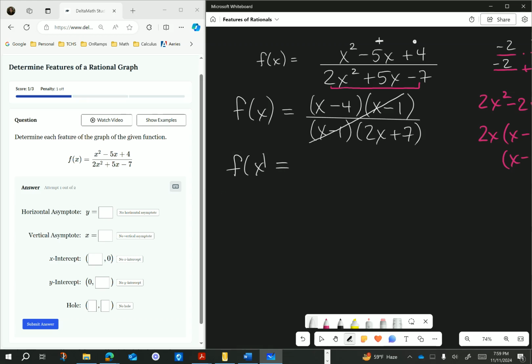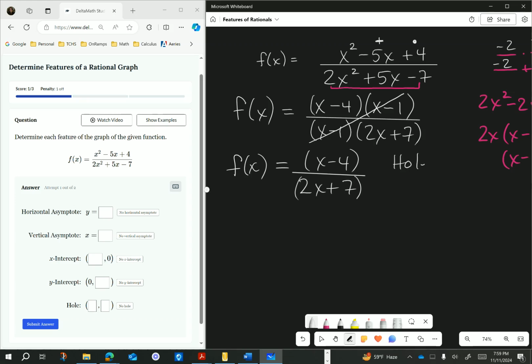So f of x is going to be equal to x minus 4 over 2x plus 7. Okay.